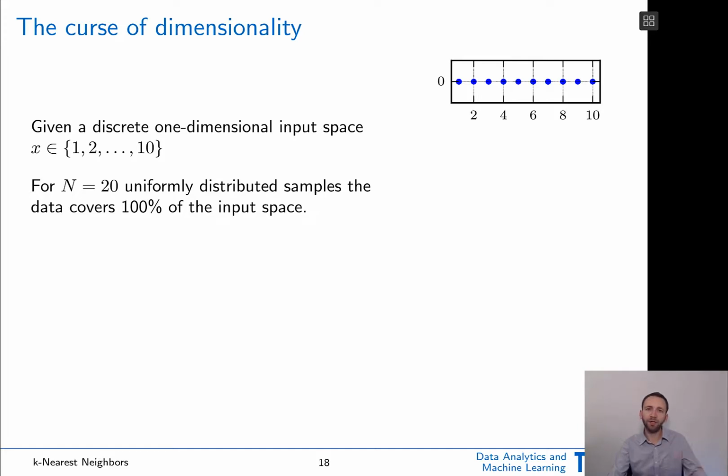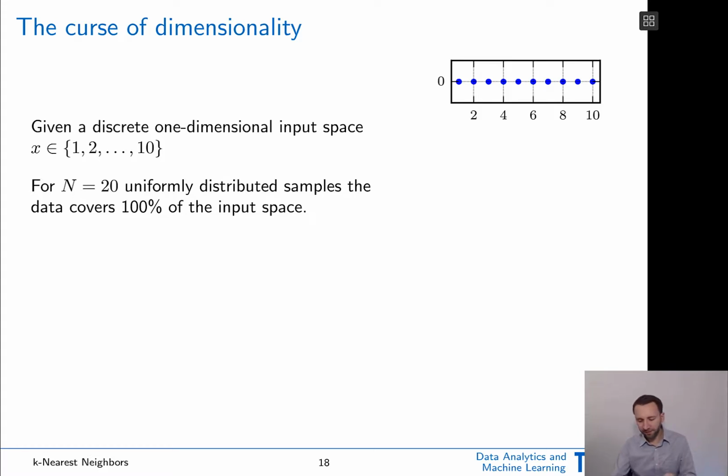So why is this an issue for KNN classification? Here's a simple example. Let's say you have a discrete domain, so your domain is like 10 different numbers, 10 different categories, not the age anymore, but some other discrete domain. If you want to cover the space, you need only a few points.